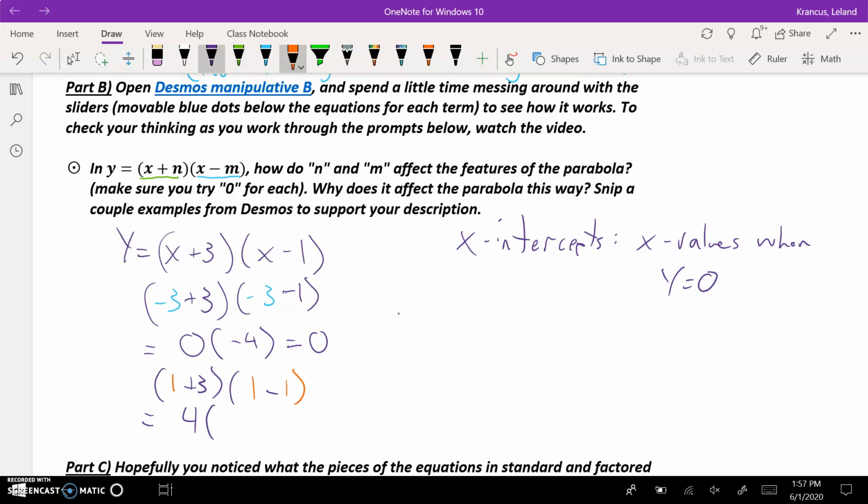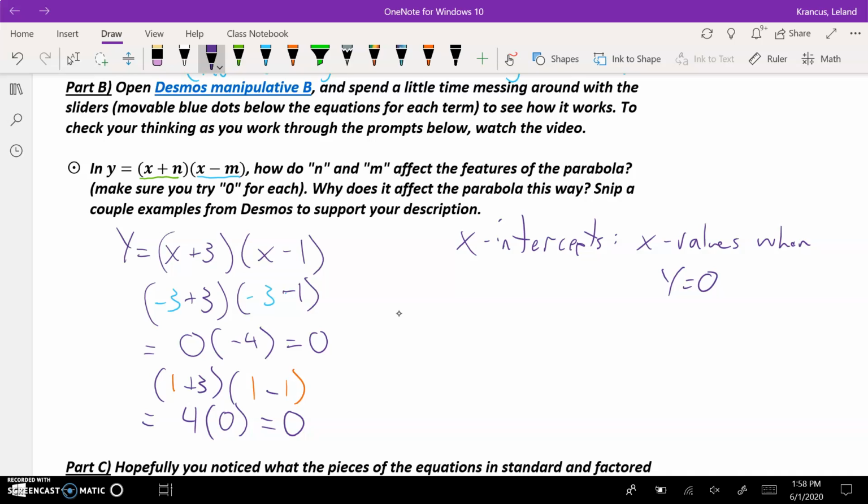There we go. Notice 1 minus 1 is 0. So the other x value that turns the other expression, the other factor in this factored form, into 0 would be 1, and 4 times 0 is 0. So the reason n and m indicate the x-intercepts of the parabola is because they tell you what numbers are going to make those two expressions equal to 0.